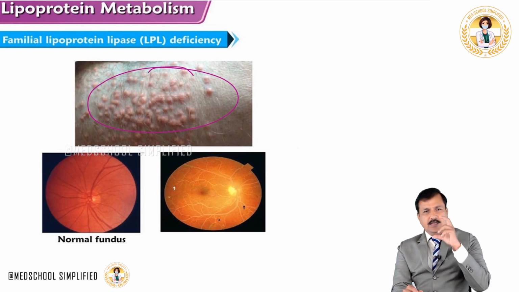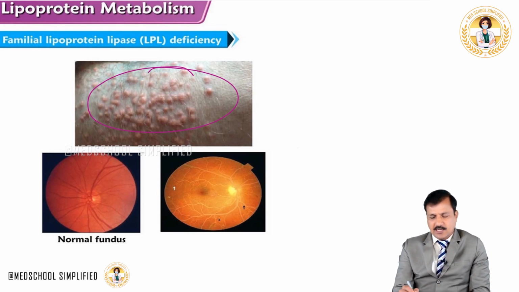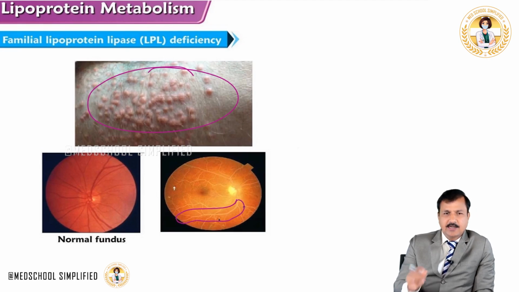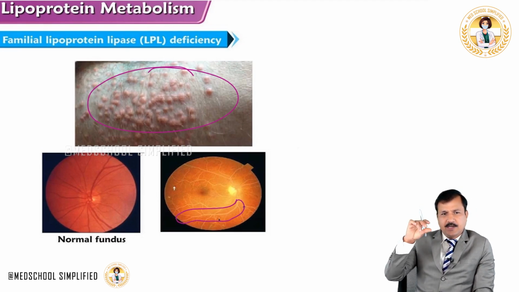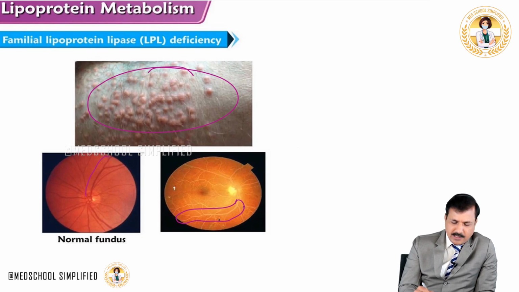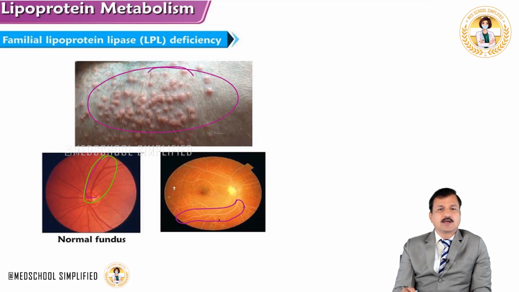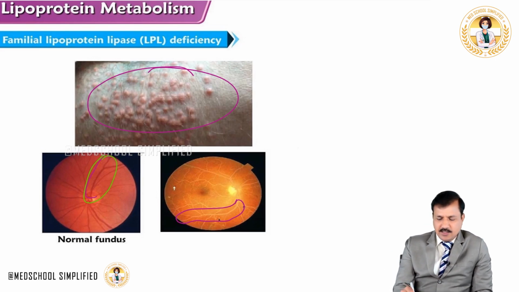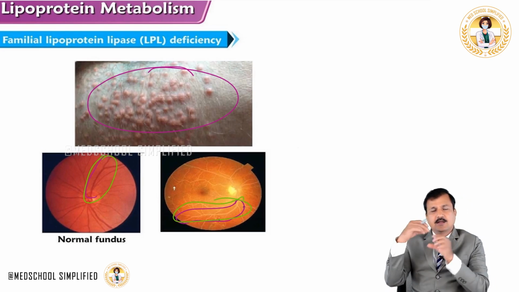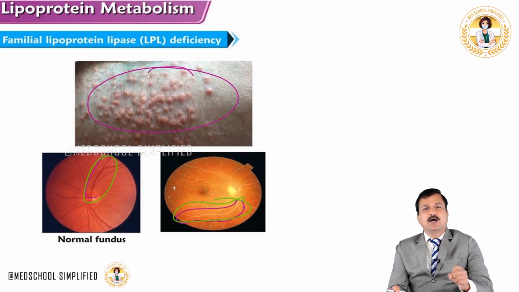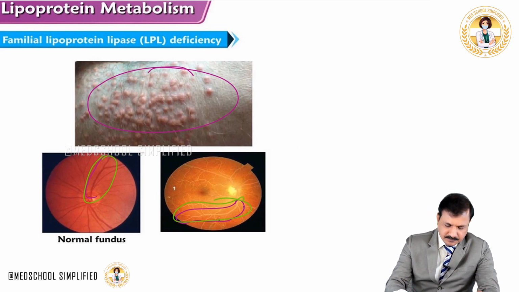When ophthalmoscopy, like retinoscopy, is done, you can see the retinal blood vessels having a creamy appearance compared to the normal blood vessels, where you see clear red blood vessels in the retina, whereas on the right side you see creamy appearing blood vessels upon retinoscopy, and that is what is called lipemia retinalis.